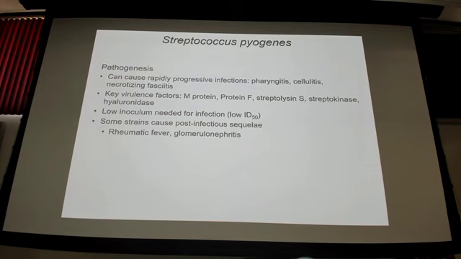There are a bunch of virulence factors when we're talking about Streptococcus pyogenes, this really virulent species. So we'll talk about those more on the next slide. But in general, you do not necessarily need a lot of this organism to cause disease. They're low ID50. And another concern is even after you have those infections and you've cleared them, you can have some really significant post-infection sequelae that we'll talk more about.